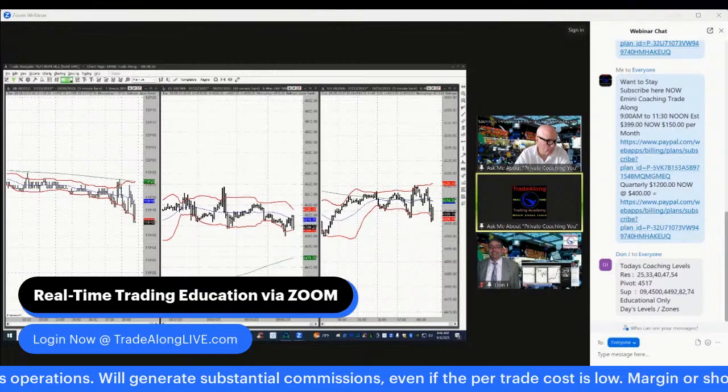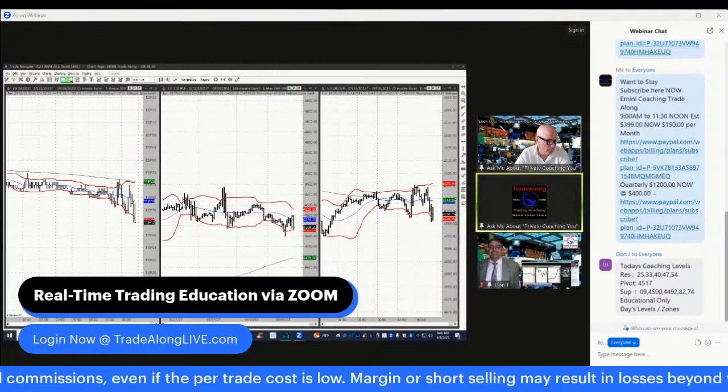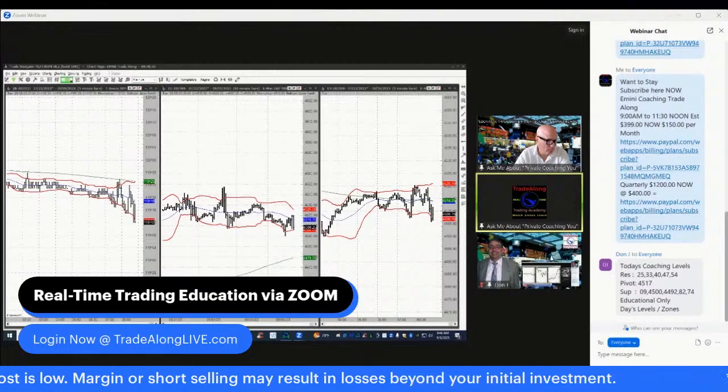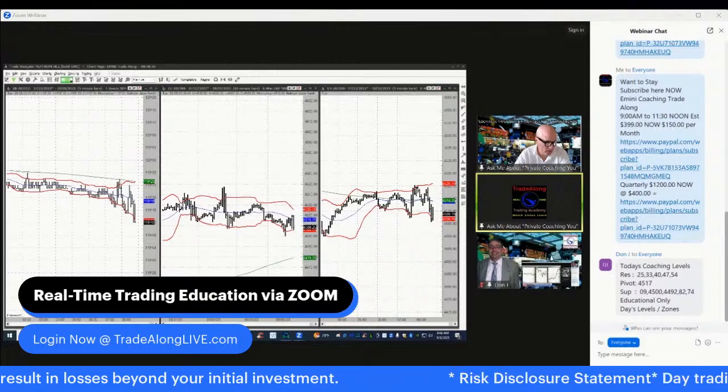Again, if you look at the hourly bar, the middle bar in the middle of the chart, you can see how it was hanging up here, looking for the next move.